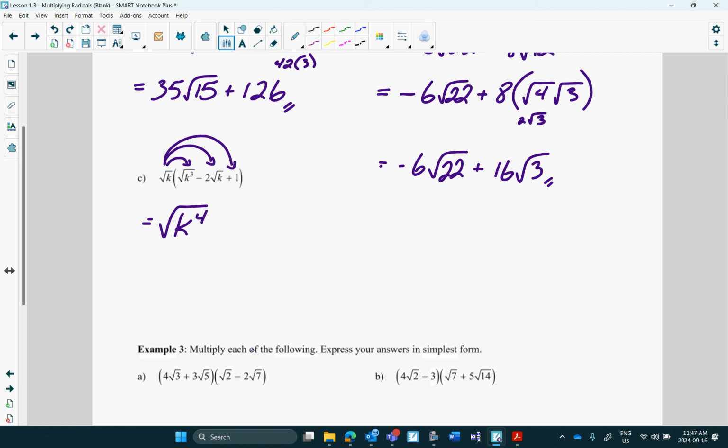What is root k times minus 2 root k? Minus 2. Good. And plus root k times 1. Look to simplify or take exactly.